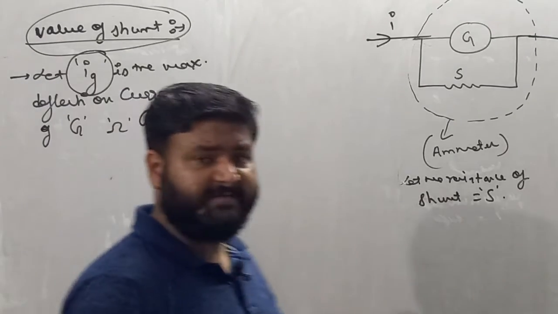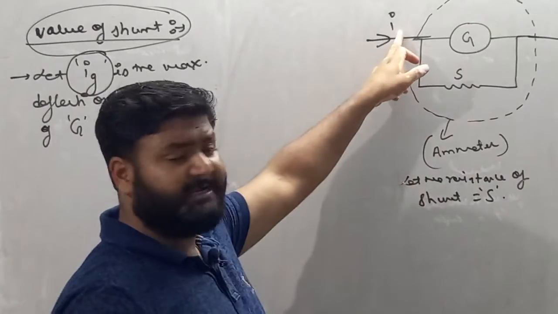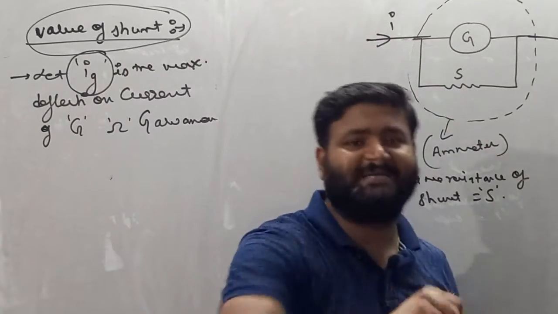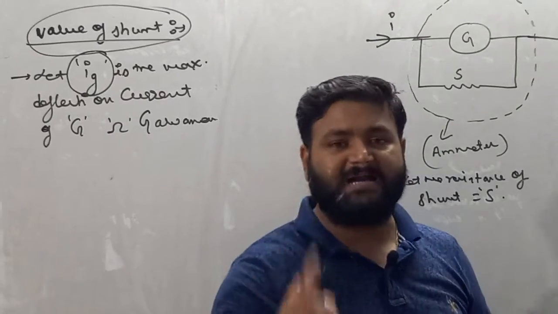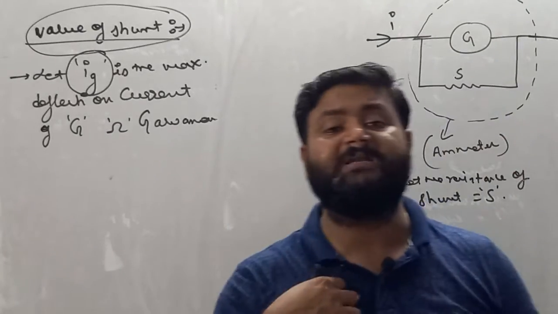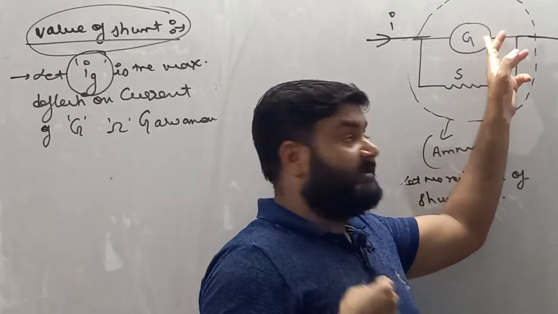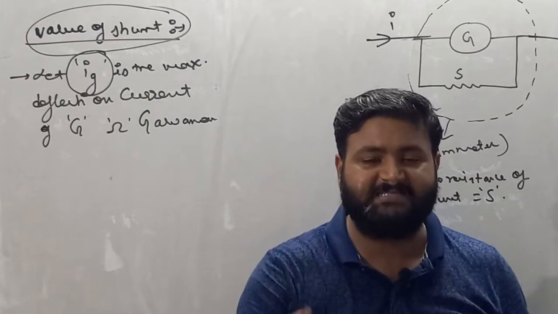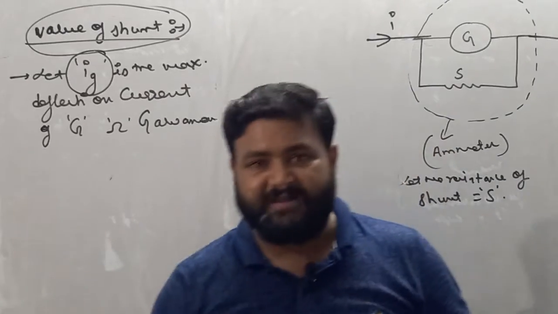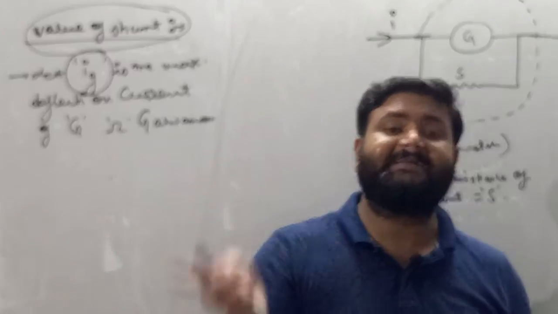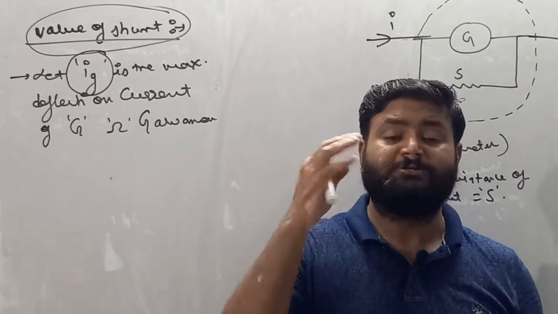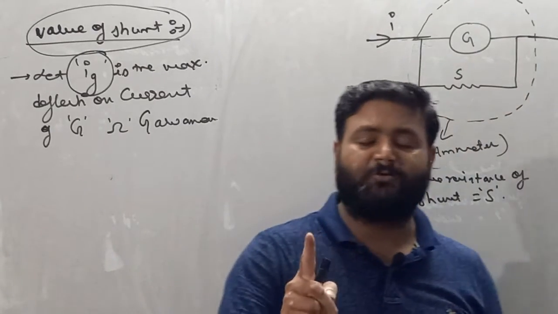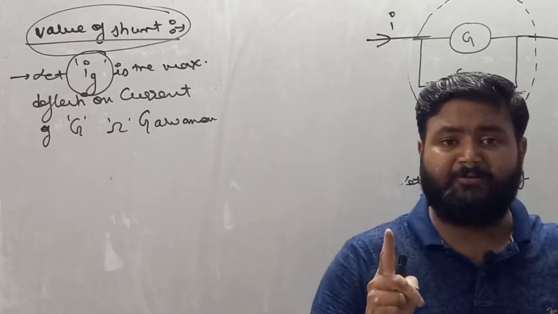There are two possibilities. It may be possible that this input current is greater than Ig, or this input current is less than Ig. Ig is maximum deflection current, which we'll consider for our G ohm resistance galvanometer, which we'll use to make an ammeter.